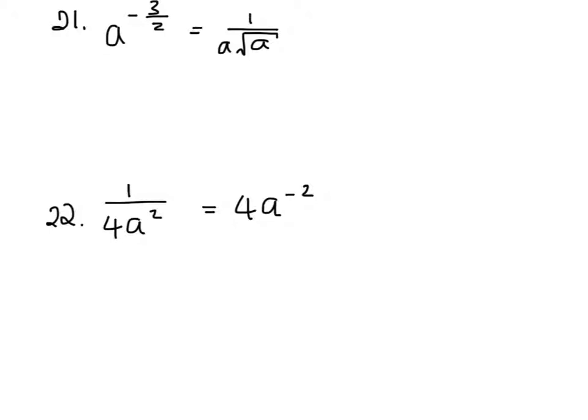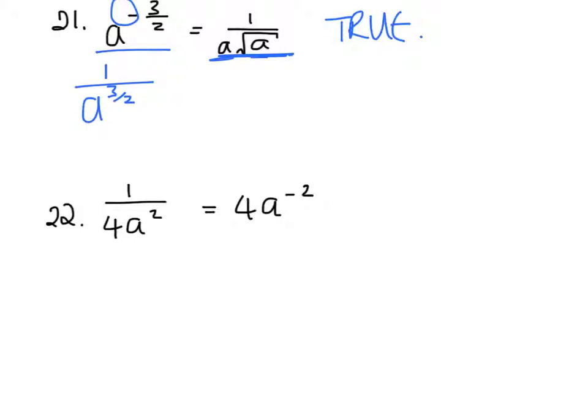Okay, 21 is true. I'm going to start here, and I'm hopefully going to end up here. So I'm going to deal with the minus sign first. I've got 1 over a to the 3 over 2. Right, now the 2 on the bottom is a half, so I've got the square root, but I've still got that 3 to worry about, so I'm just going to leave that as index form.